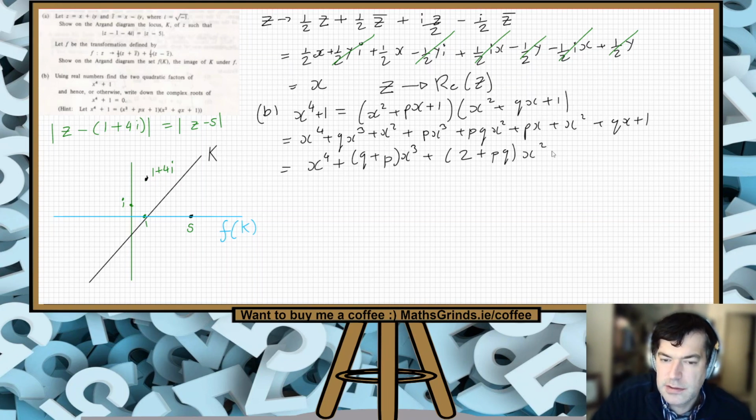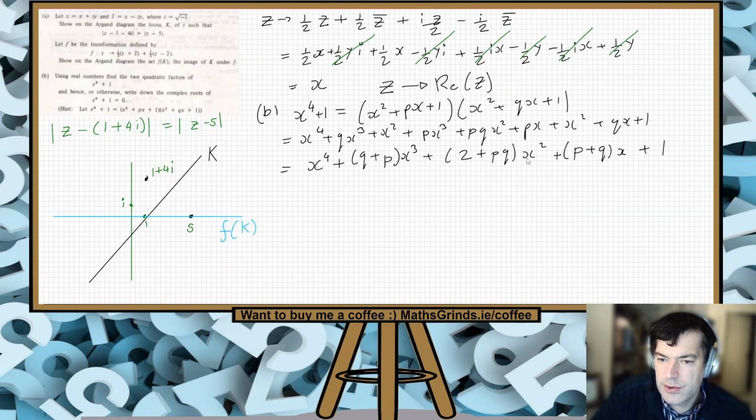x squared, then the x (p plus q) x, and then just the 1.